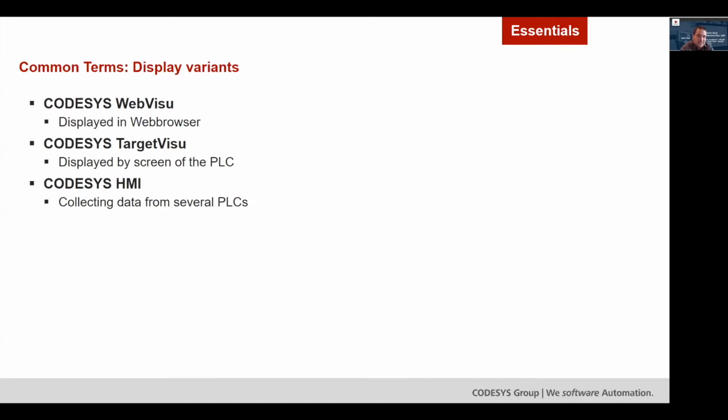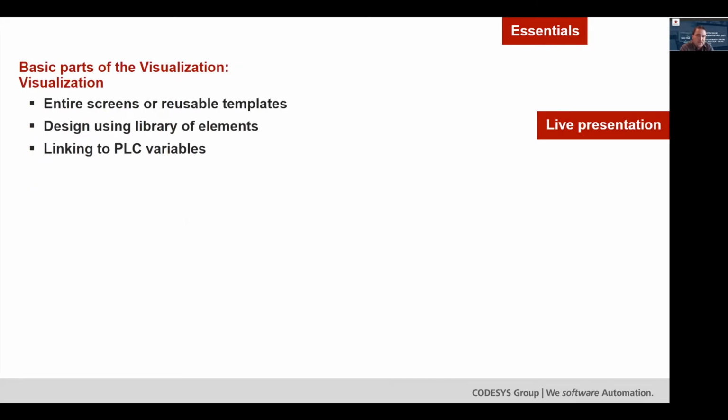And in the next step, we have a look at some basic parts of the CODESYS visualization. The first and probably the most important part is the visualization itself, which is either an entire screen displayed to the customer or an organization unit that can build up reusable visualization templates to structure the visualization application.